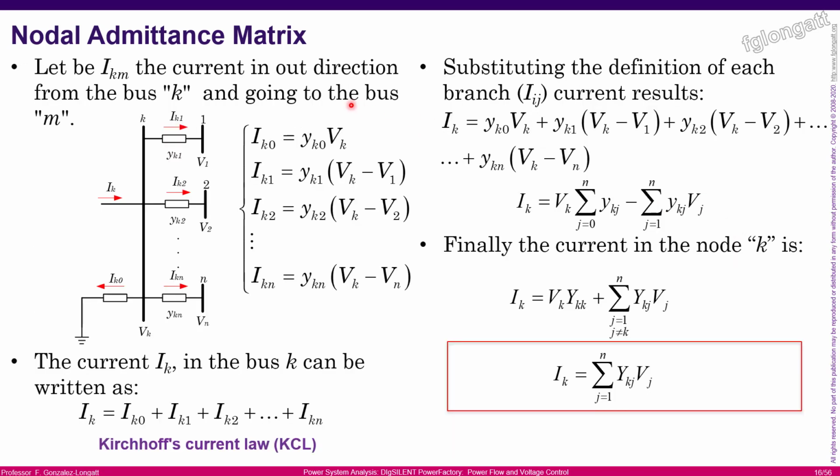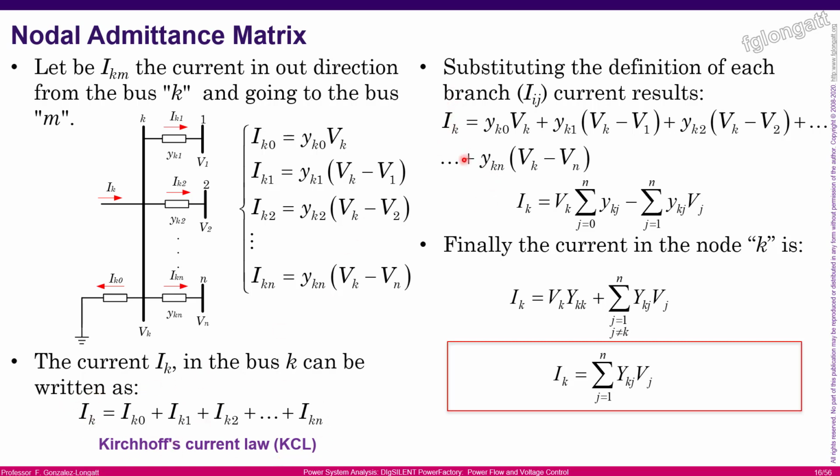But inside the power system, we have the equation for the bus bar K, and in a power system this bus bar K has n currents. We can define the current going in as the sum of all the currents going out. We can write the Kirchhoff current law, very simple.